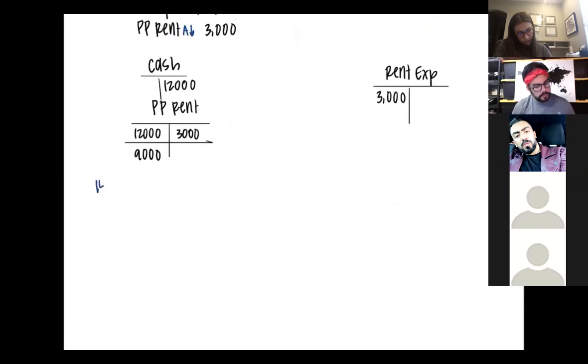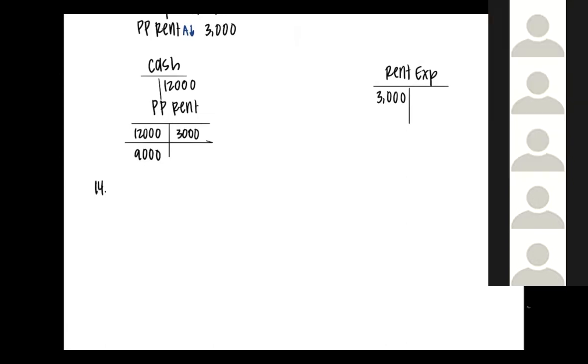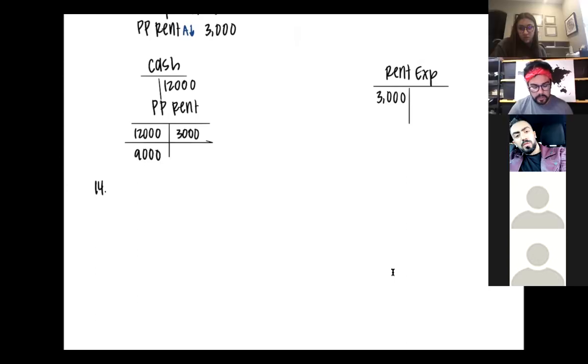With 14, Alpha sold merchandise to Beta on credit with terms FOB shipping point. As of December 31st, the merchandise had not yet been received by Beta. Alpha did not record the sale and counted the merchandise in ending inventory. Let me ask you guys something: was Alpha allowed to dismiss the recording of the transaction or not?